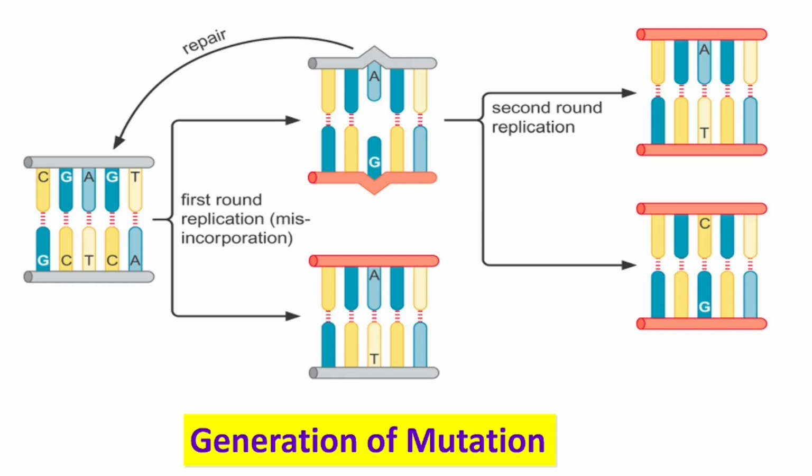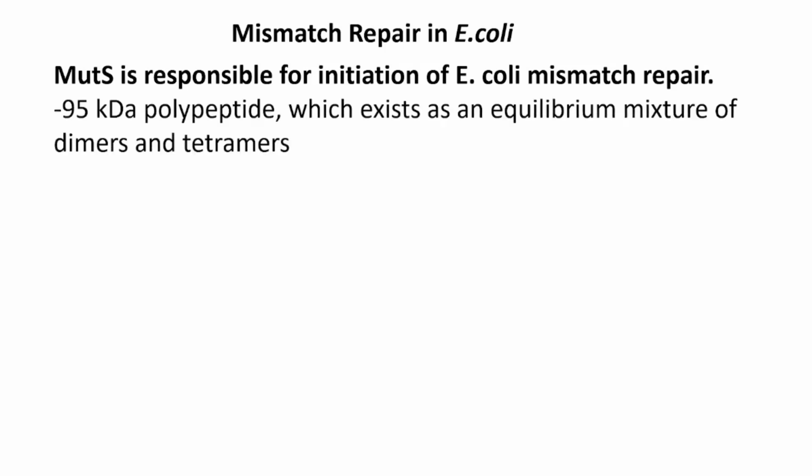The proteins that initiate the repair process are MutS, MutL, and MutH. MutS is responsible for initiation of E. coli mismatch repair. It is a 95 kilodalton polypeptide which exists as an equilibrium mixture of dimers and tetramers and recognizes mismatched base pairs.